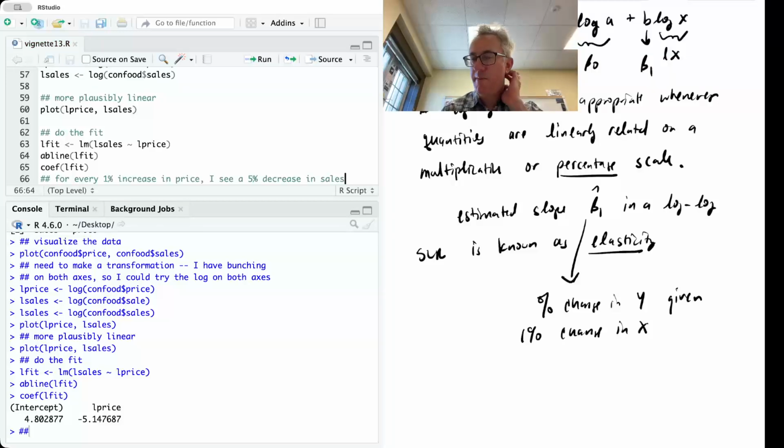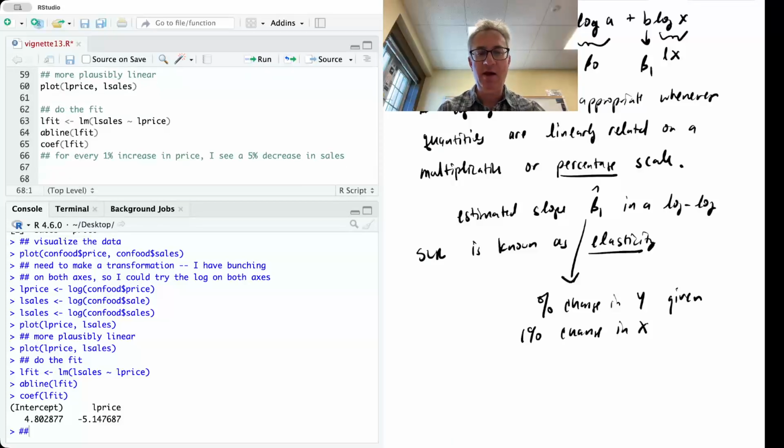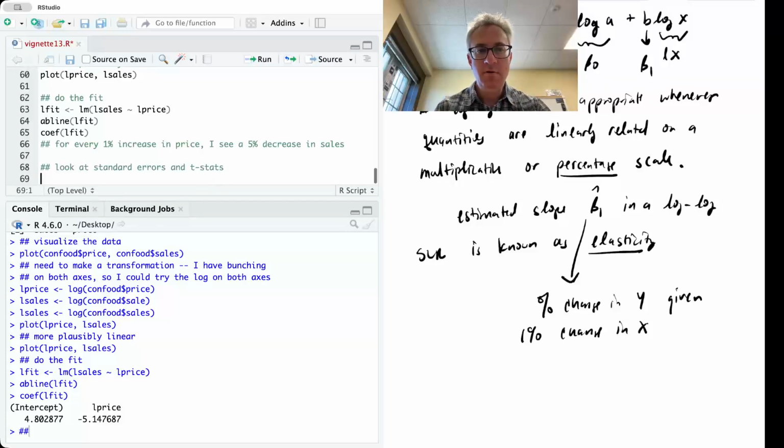You charge more, people are going to buy less. And if I want to, I can look at standard errors and t-statistics.